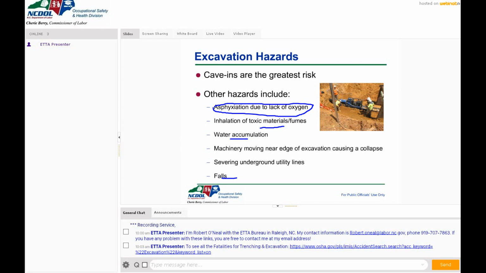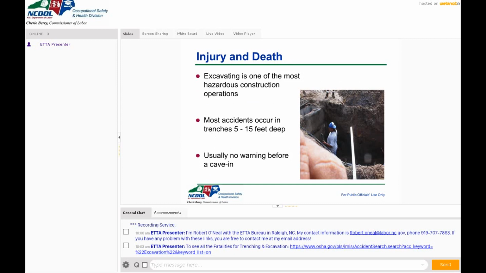Absolutely. Remember, you can fall just as far in an excavation or a trench as you can fall off the top of a building, is what we're looking at here. And most of these injuries and fatalities take place between 5 and 15 feet in depth. And typically there's no warning sign whatsoever. And this is a good example of what we're talking about.